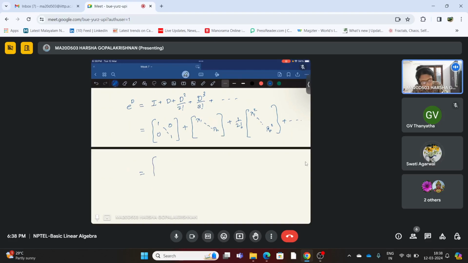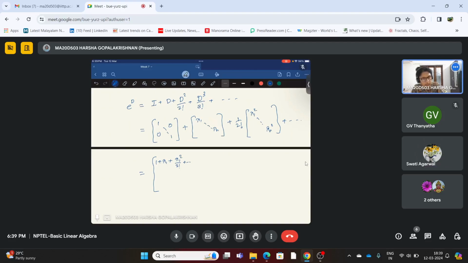So what is the first entry in the matrix after adding all these? It is 1 plus lambda 1 plus lambda 1 square by 2 factorial plus etc. What about all the other entries in the same row?